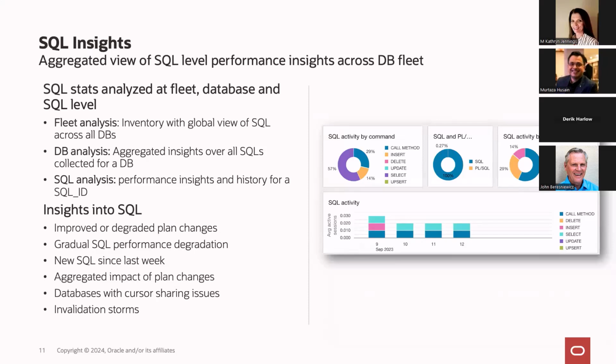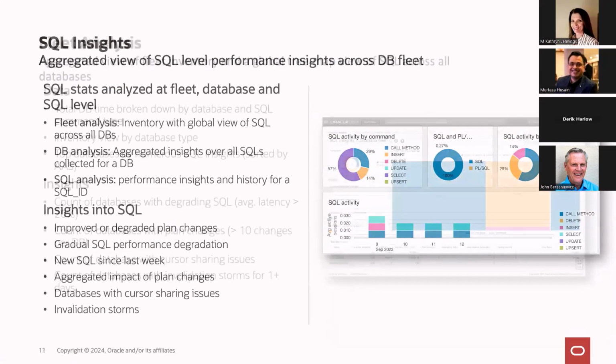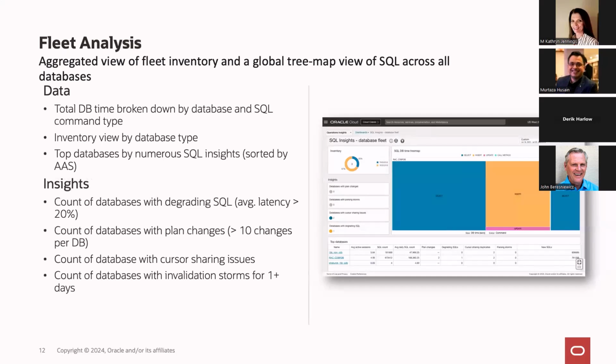Data visualizing dashboards further enable exploration and verification of the insights. So this is looking at the fleet level page of SQL Insights, where you can look at all databases that have been enabled, and you're getting the insights across the fleet.